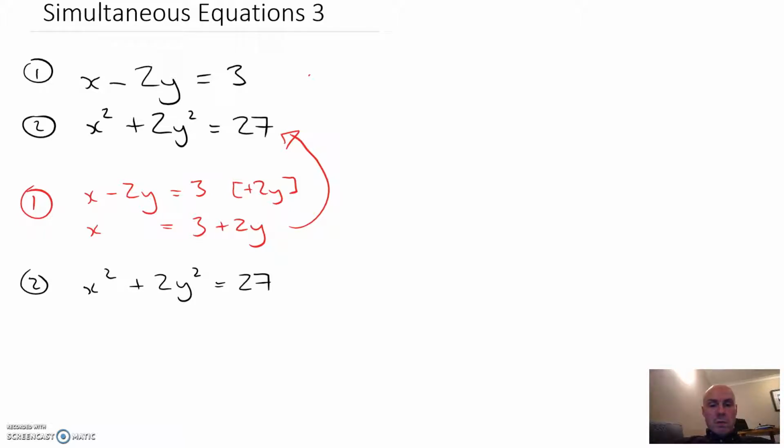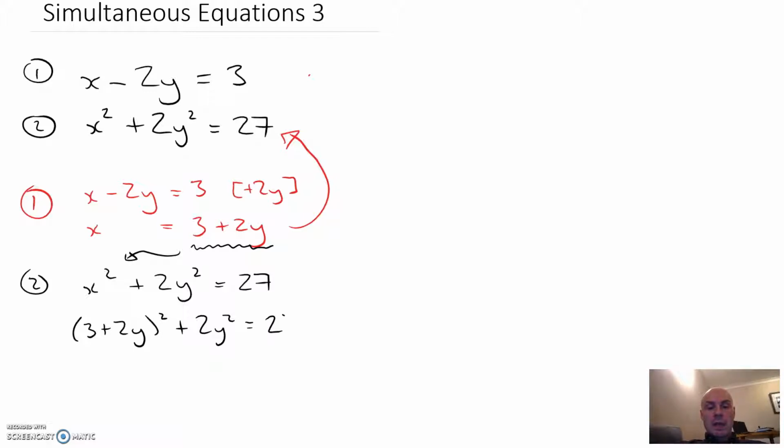But we now know from our other equation that x is equal to 3 plus 2y, and it's that we're going to substitute in for x in this equation. So x squared becomes (3 plus 2y) squared. All we've done is replace the x with 3 plus 2y. And we've got plus 2y squared equals 27.